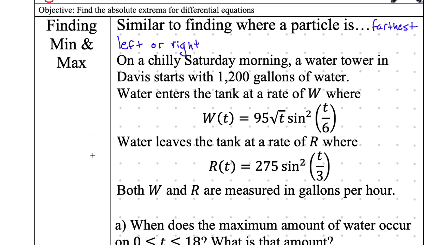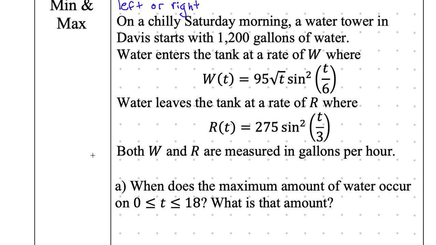All right, so, Gio, do you want to read for us? On a chilly Saturday morning, a weather tower in Davis starts with 1,200 gallons of water. Water enters the tank at a rate of W, where W of T equals 90.